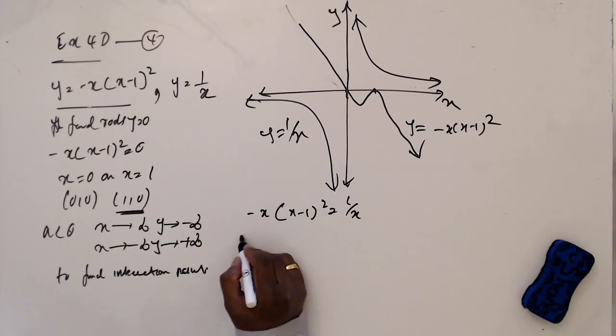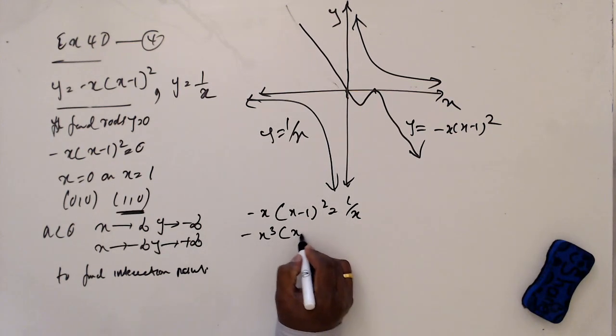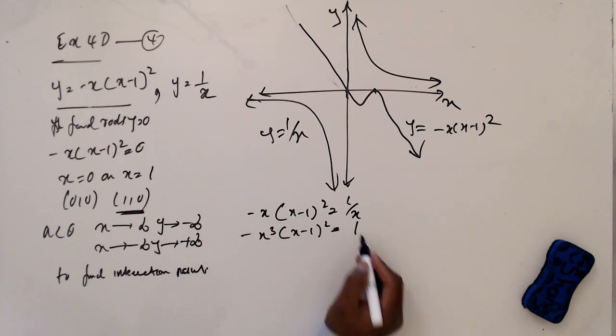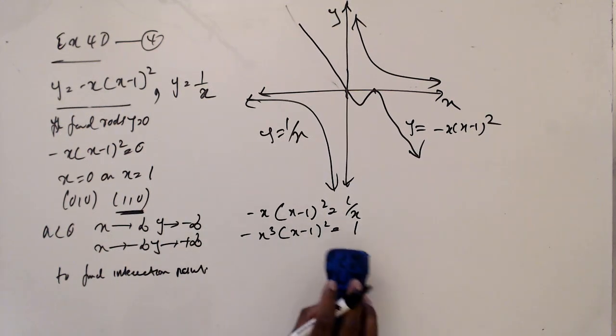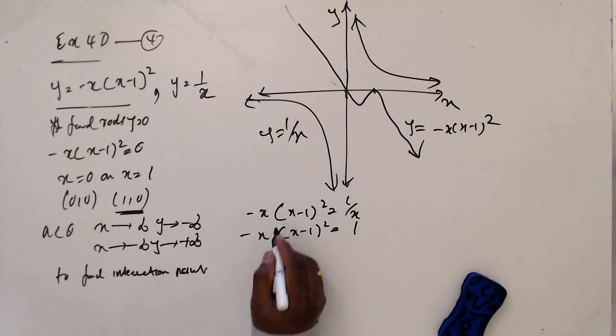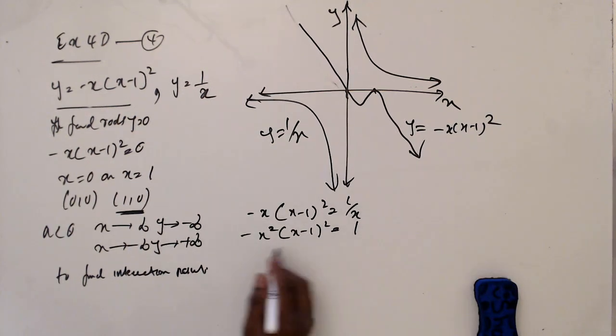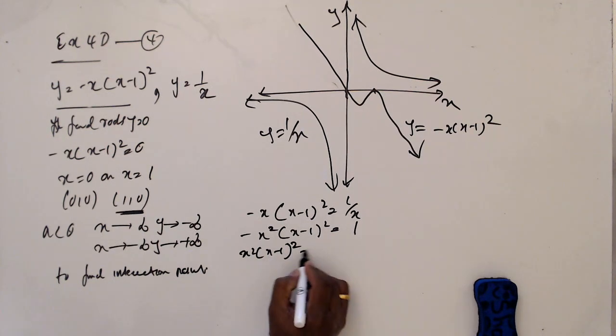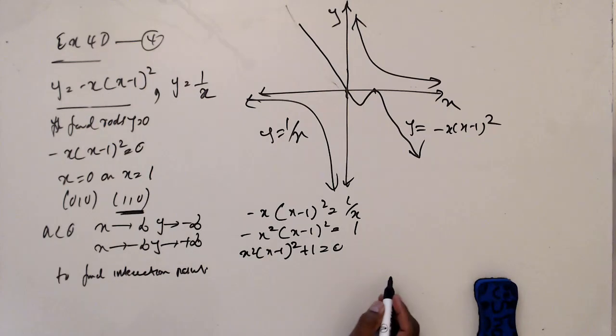This becomes minus x squared times (x minus 1) squared equals 1. Then I'll take it to the other side: x squared times (x minus 1) squared plus 1 equals 0.